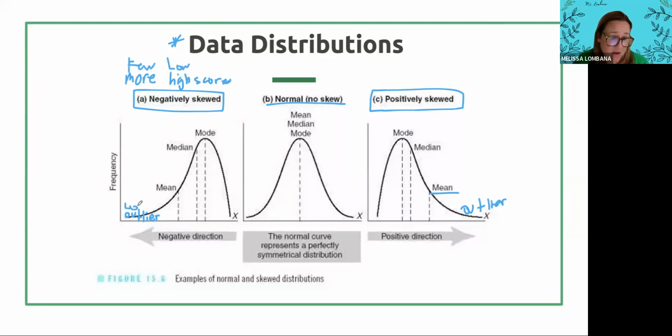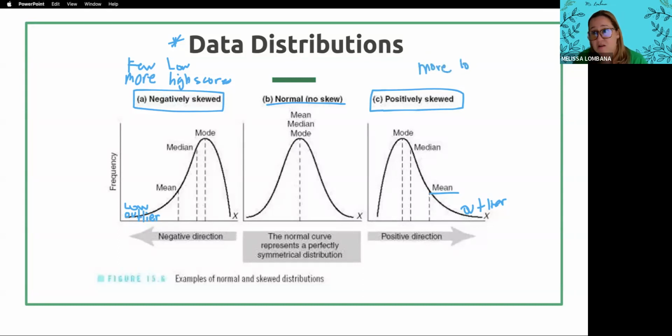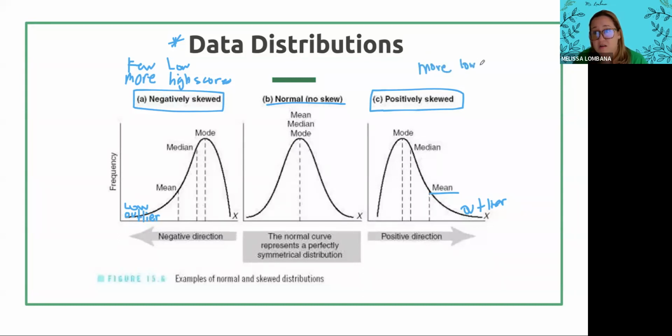Now, the positively skewed is where there are more low scores and then few high scores.